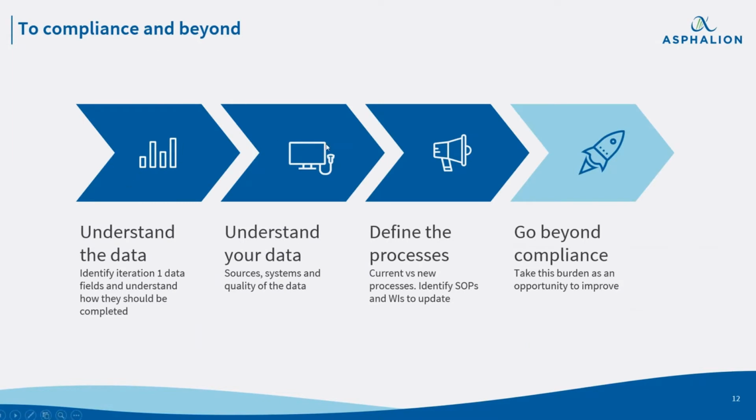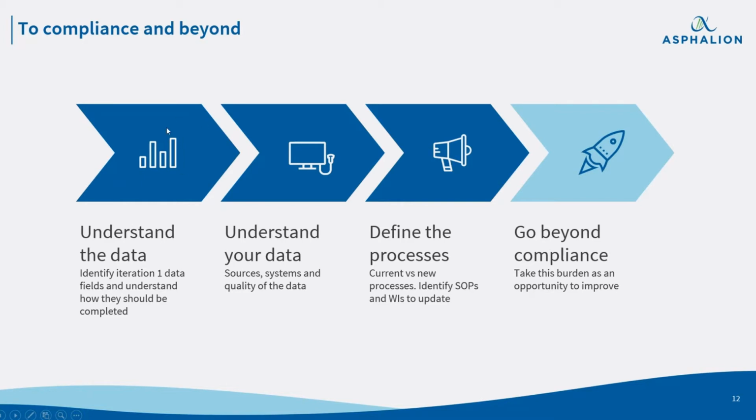So in order to actually comply with ISO IDMP and make a smooth transition, maybe this would be the actual start of the presentation. These are the steps we have defined towards this implementation. First, it would be understanding the data that has to be reported.